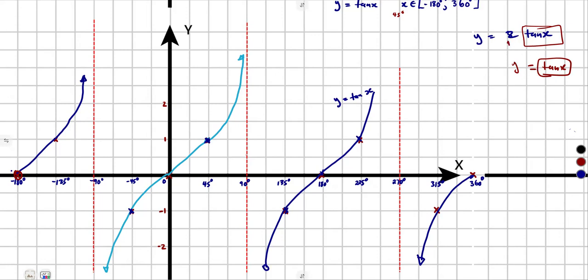So for us to have the graph of y is equal to 2 tan x, 1 is now at what? At 2. So it's now minus 135 at 2. Minus 1, if you multiply by 2, it will be at negative 2. 1 at 45, multiply by 2, it will be what? At 2. So that is the condition. This one at negative 2, this one at positive 2, this one at negative 2.